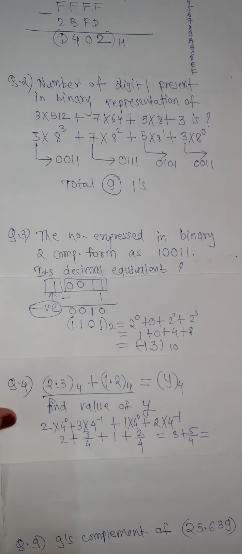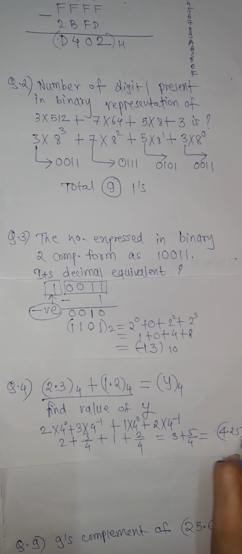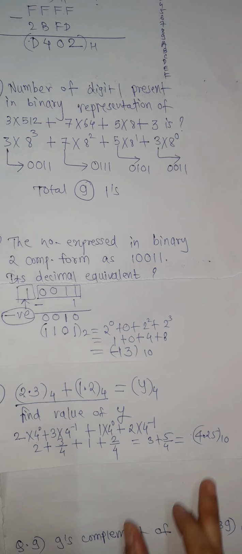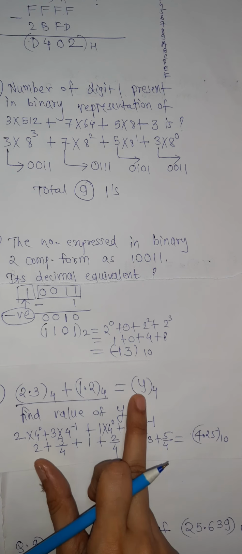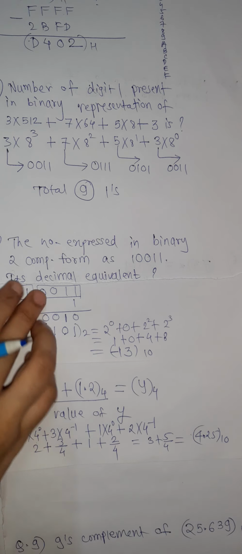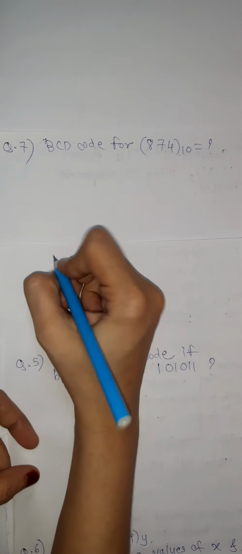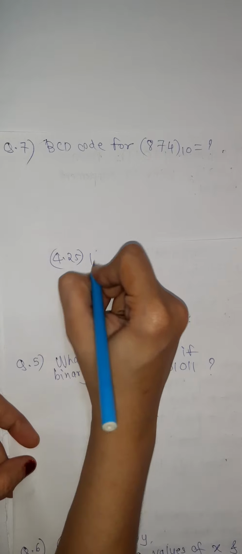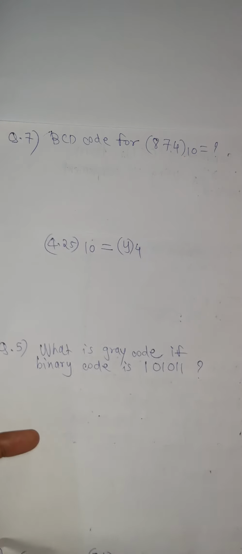So it will be 3 plus 5 by 4, which is nothing but 4.25 in decimal. So the decimal equivalent of y to the base 4 is 4.25. Now 4.25 in decimal is equivalent to y in base 4.